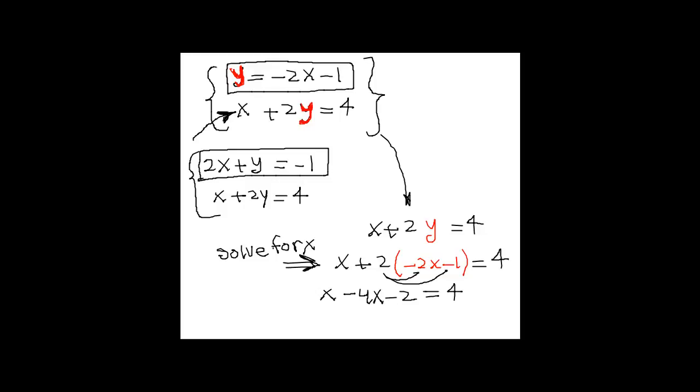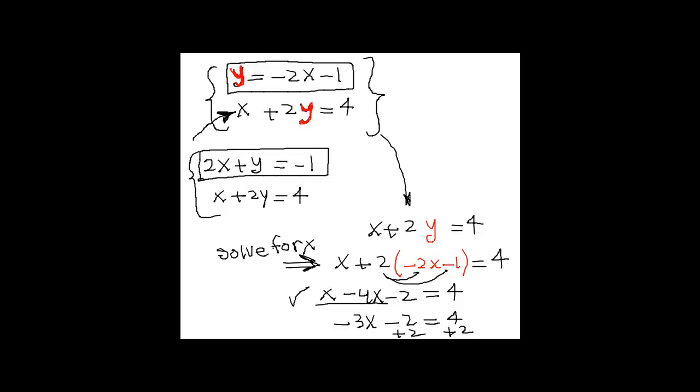Okay. Emilia and Heidi, do you follow up till this point? Okay, so the rest is pretty easy. You just add these two together. The minus 3x minus 2 is equal to 4, right? And then you add 2 to both sides of the equation.